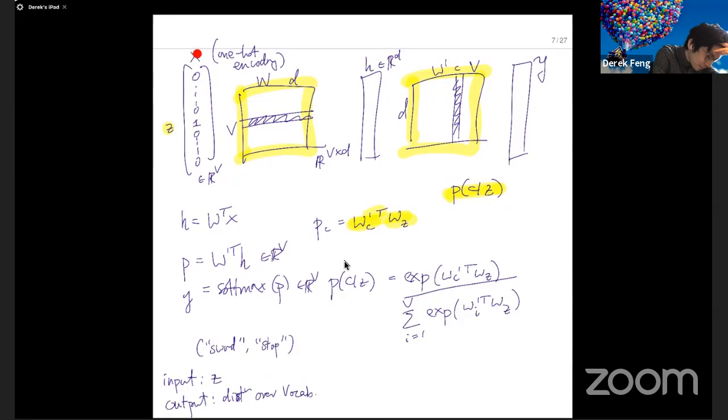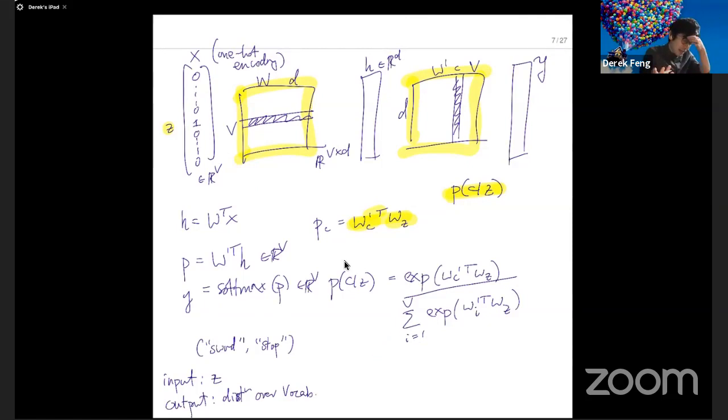That would be my X. I'm going to hit it with WT to get H, then hit H with WT to get my P's. Then I do a softmax to get a probability I assign to each word in my vocabulary.